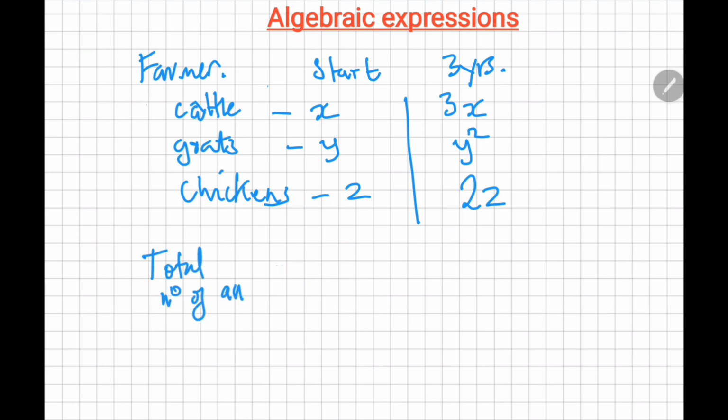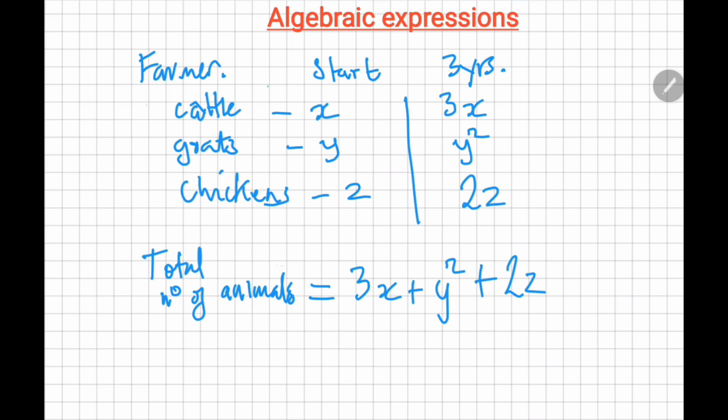Well, we're going to have to add all these terms that we've got. So we're going to have 3x plus y squared plus 2z. What we've actually made here is called an algebraic expression. Okay, we have different terms that are linked. In this case they are linked by addition, but sometimes they can be linked by subtraction as well.